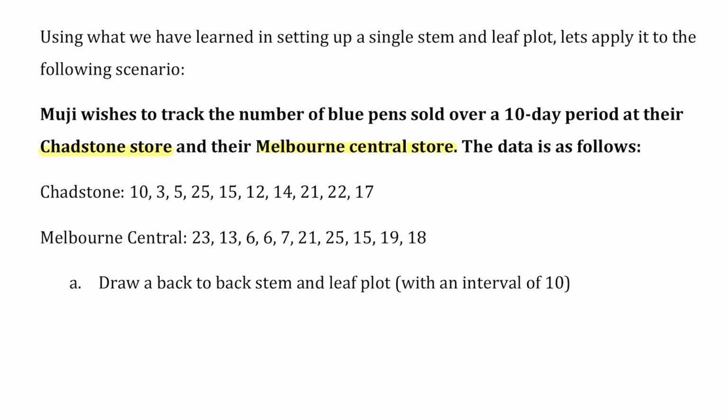Now, we've been asked to draw a back-to-back stem and leaf plot, but if you take a look at the data that I've given you, none of it's in increasing order, right? So none of the figures are in any particular order, they just are stated as numbers. So the first thing I would do is actually order the data for each shop.